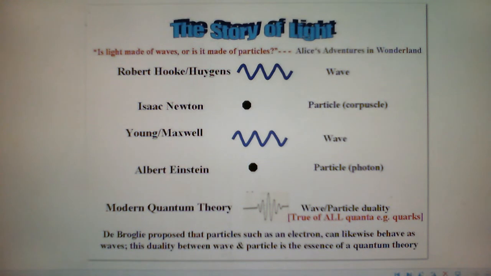Also note that de Broglie proposed that particles such as an electron can likewise behave as waves. And it's this duality between waves and particles that is the essence of modern quantum theory.